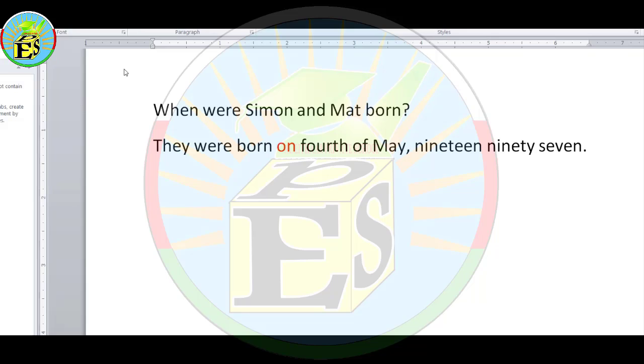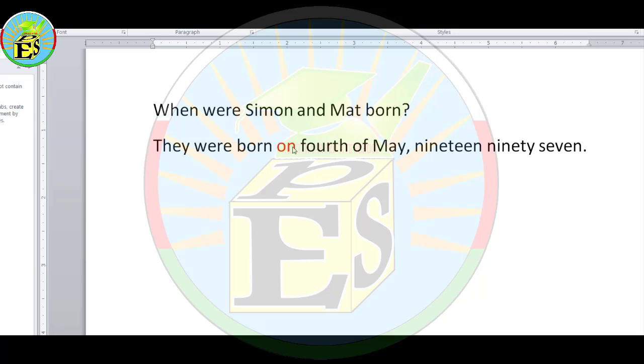Now let's check the answer of the third picture, which is for Simon and Matt. So the right way to write the question is, when were Simon and Matt born? And we said that we use were when we talk about the plural. The answer is going to be, they were born on.